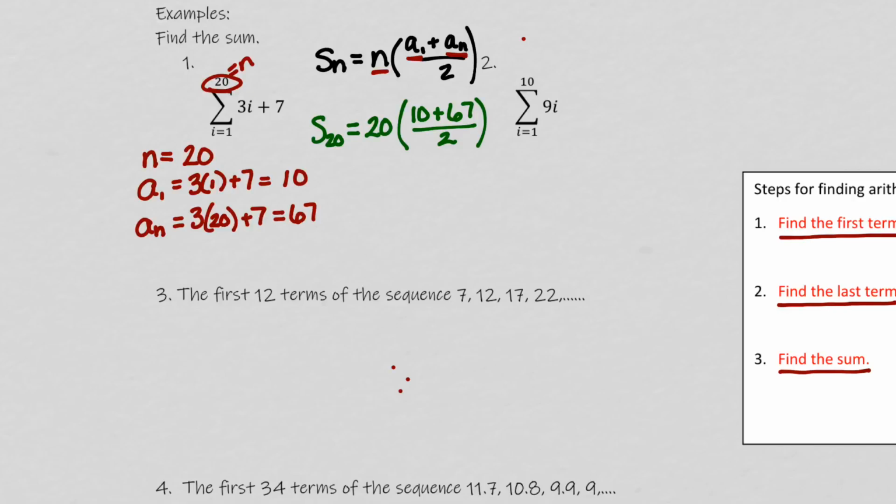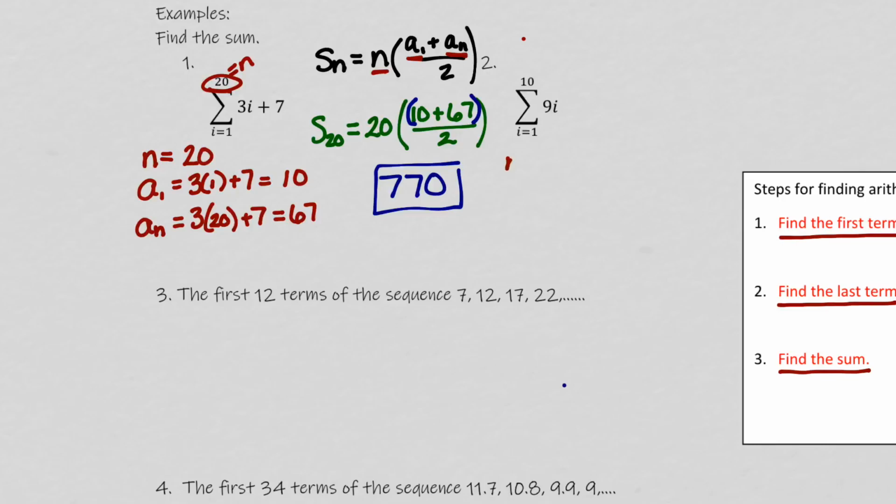It adds them together, divides by 2, finds that average, and then it multiplies that number by the number of terms. So you can plug that in your calculator. If you just plug it all in your calculator, make sure this is also in parentheses. Okay, and so you should get 770 is the sum.